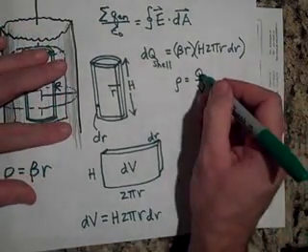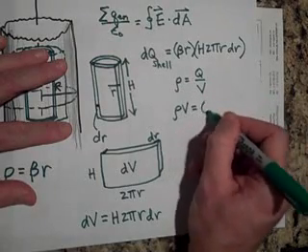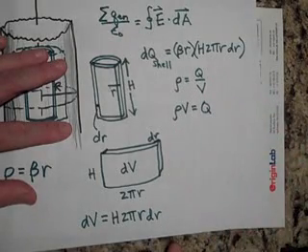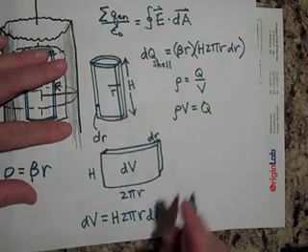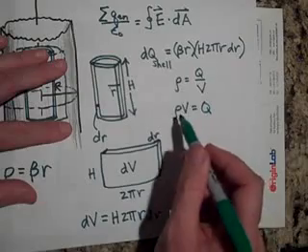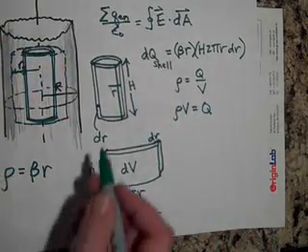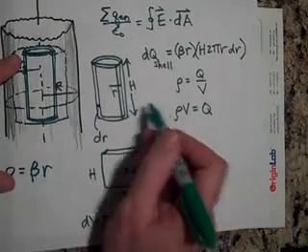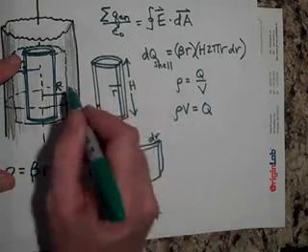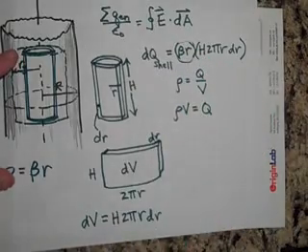Well, if you want q, then you just multiply rho times v. But when you do that, you have to use the rho at that location, not just any old rho. You got to use the rho at that location, and the rho at that location is this. Okay.